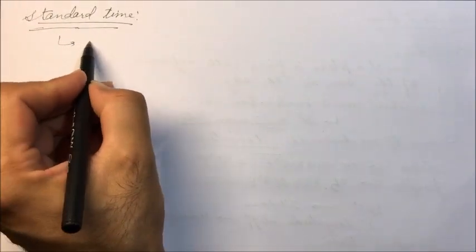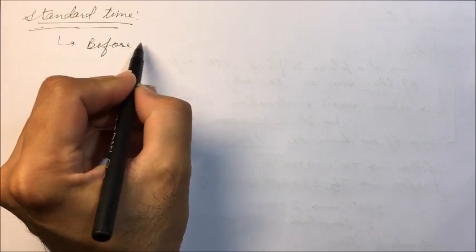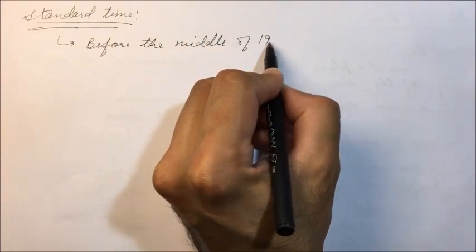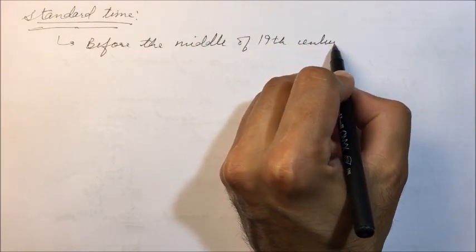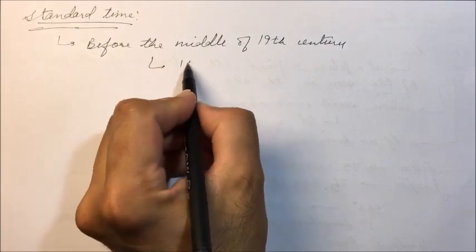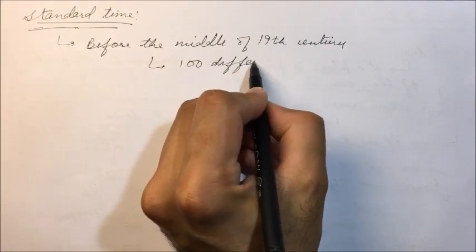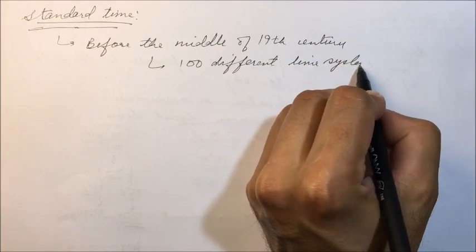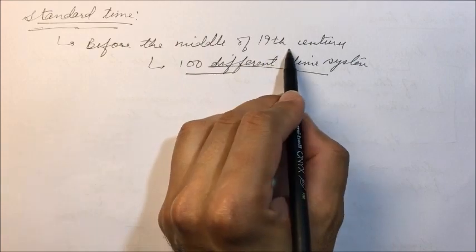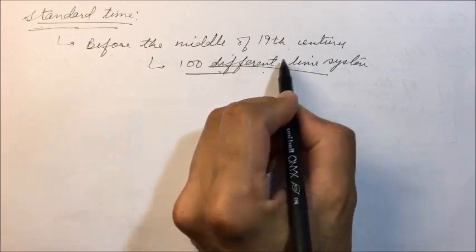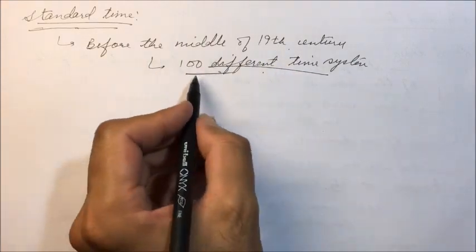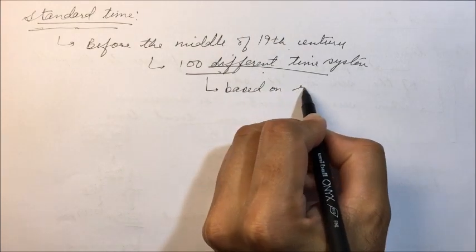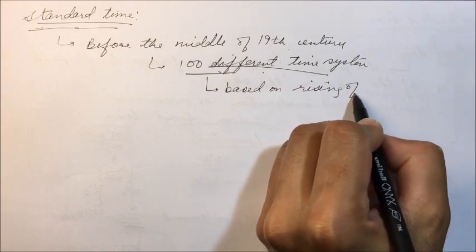So before the middle of the 19th century, there were around 100 different time systems around the world, and they all were based on the rising of the sun.